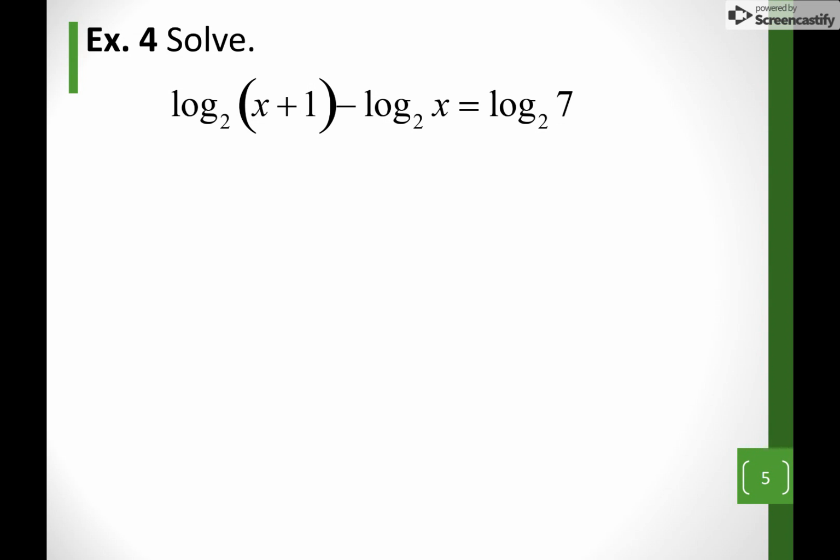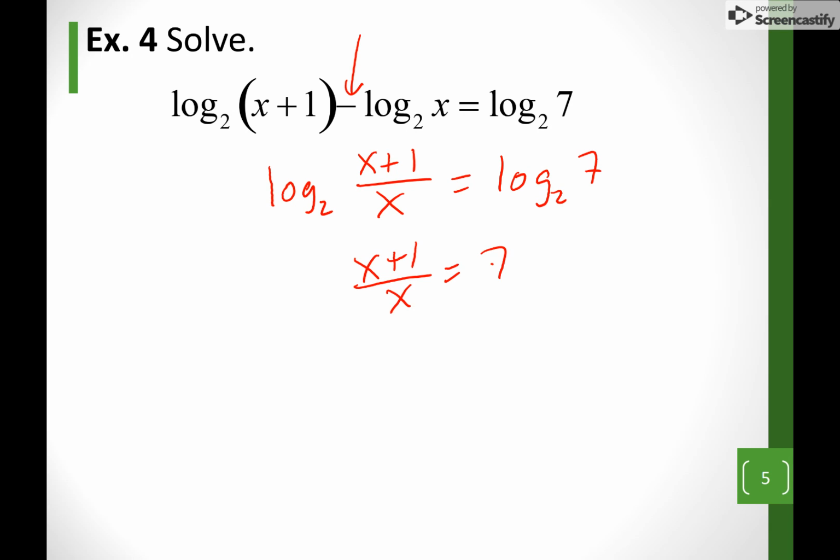Now this one, I'm going to condense this. I see that on the left side, I have a minus, but I'm using log base of 2 of both of them. So I'm going to simplify this as log base 2 of x plus 1 over x. And this thing says is log base 2 of 7. I'm using the same logs, so I'm just going to say that x plus 1 over x is equal to 7.